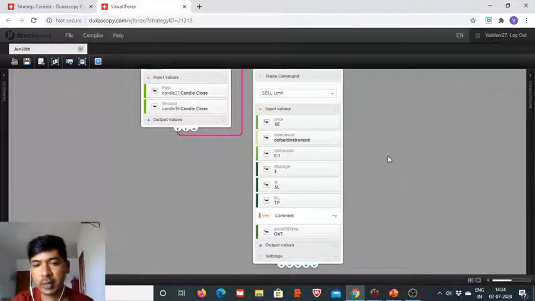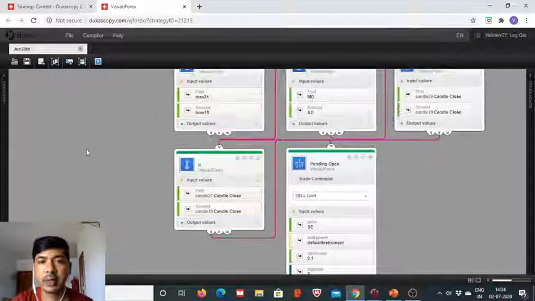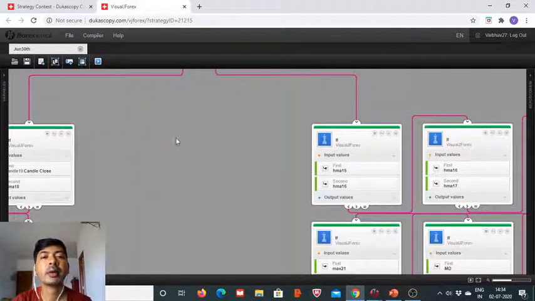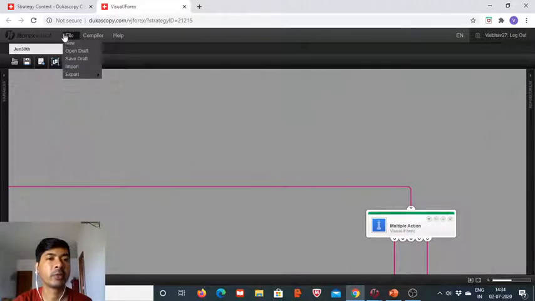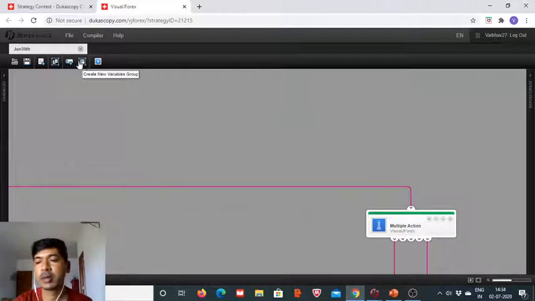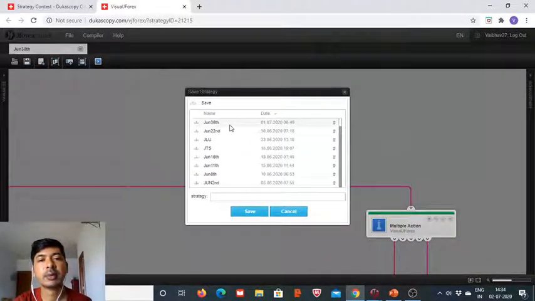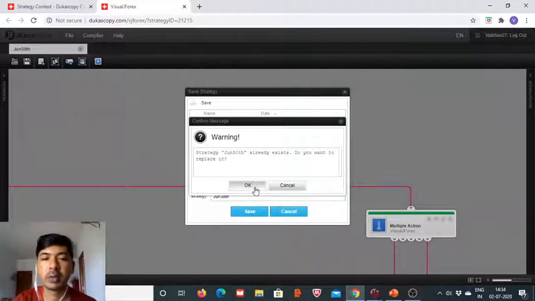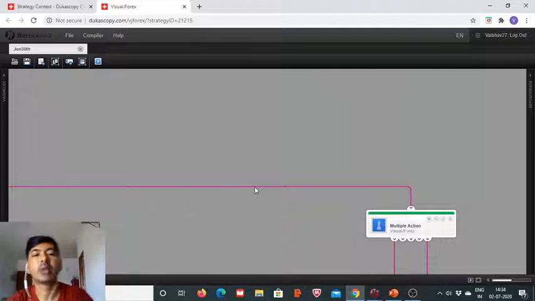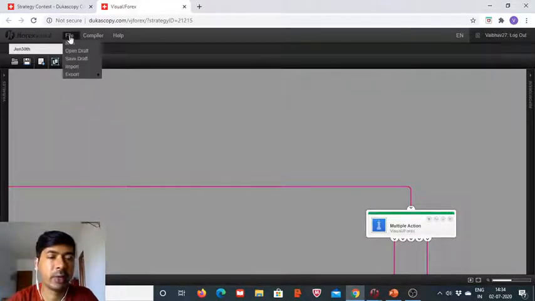Stop loss, target price, order validity, all three done. It's time to save the file and export the file to the Visual J Forex platform. Save draft. Okay, we started working on this on 30th of June, so its name is June 30th, and now we export the file.